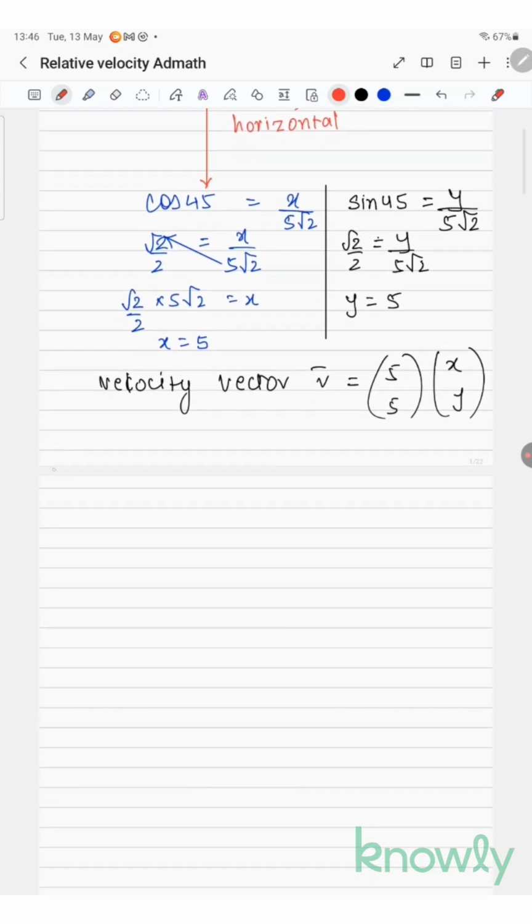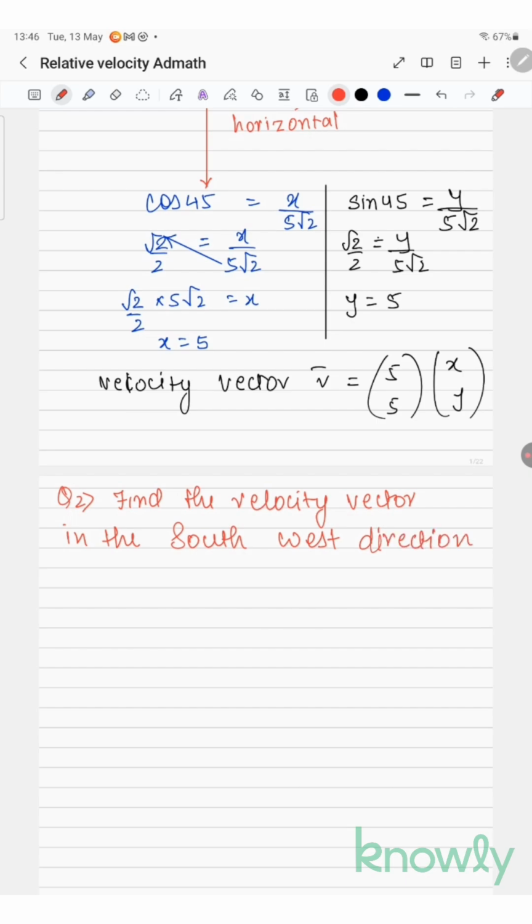Now let us take it one step further. Question number 2. Find the velocity vector in the southwest direction, moving at the speed of 10 root 2.